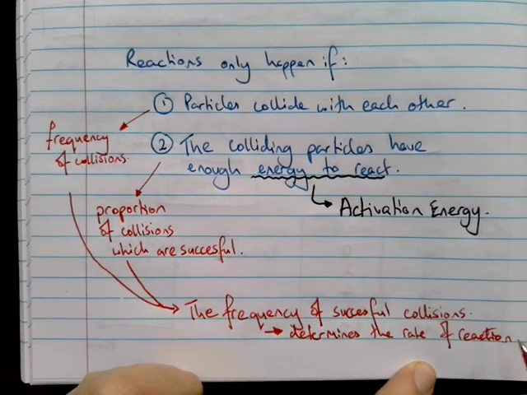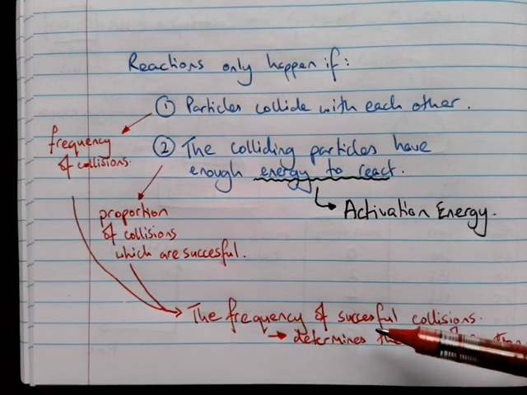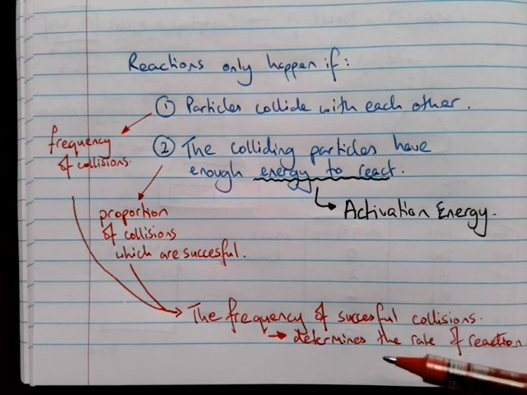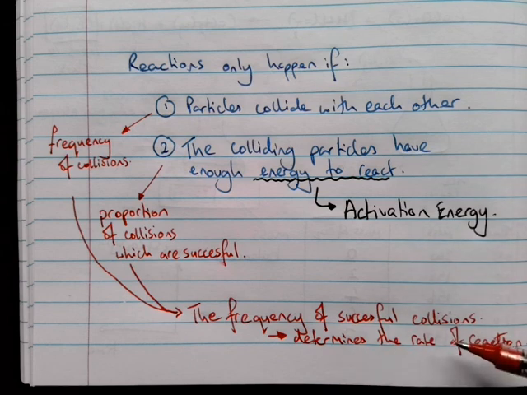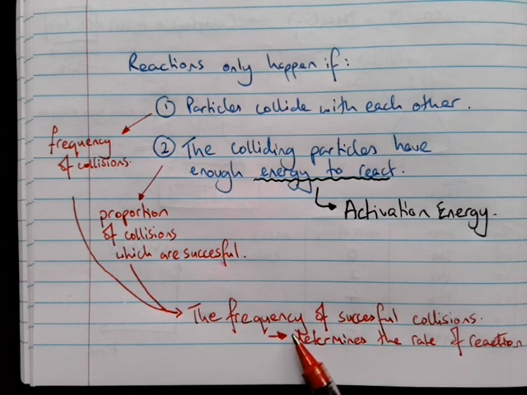So, if we have a high frequency of collisions which are successful, we will have a fast rate. Okay, and remember, a collision is successful if it has enough energy. Now, if we have a low frequency of successful collisions, that will mean you've got a slow rate.